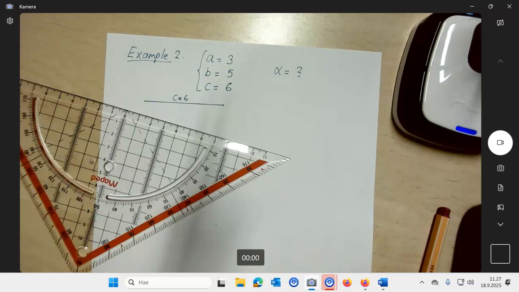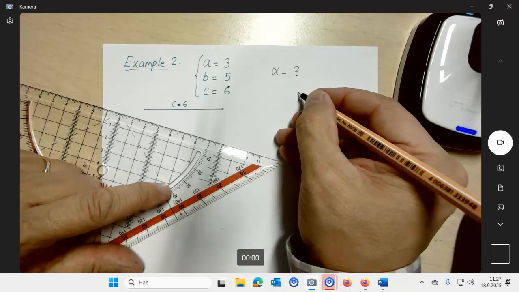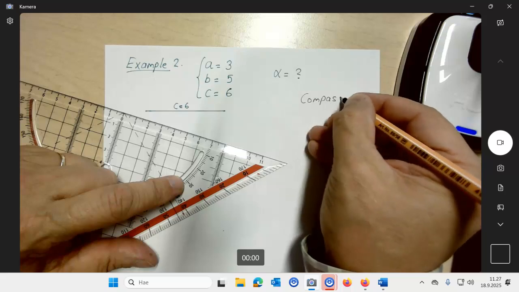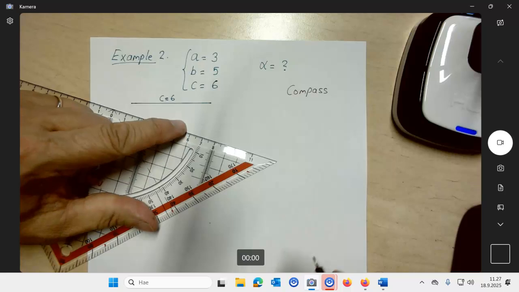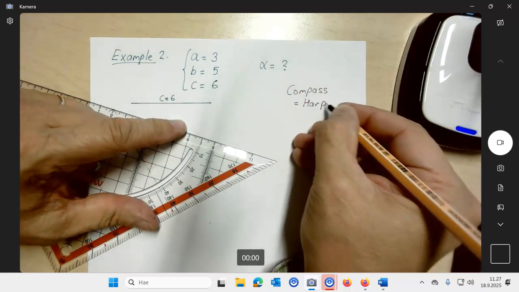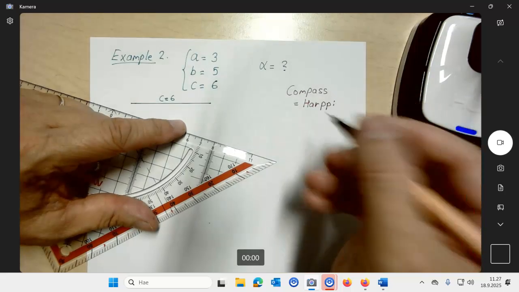I don't have the compass. Does this mean also the device which knows where the north is? Yes, northern. But compass is also the one with which you can draw circles. What is the name? Harppi. Harp. Harppi. Nice.